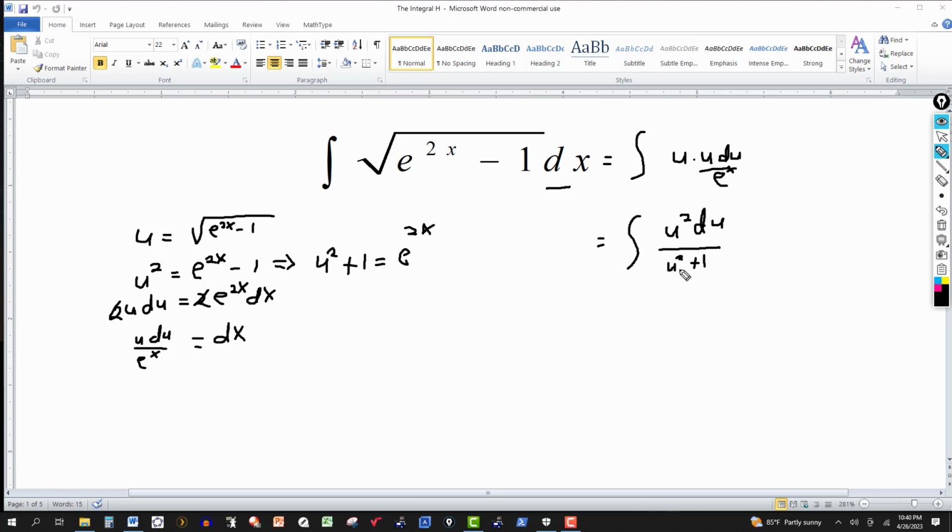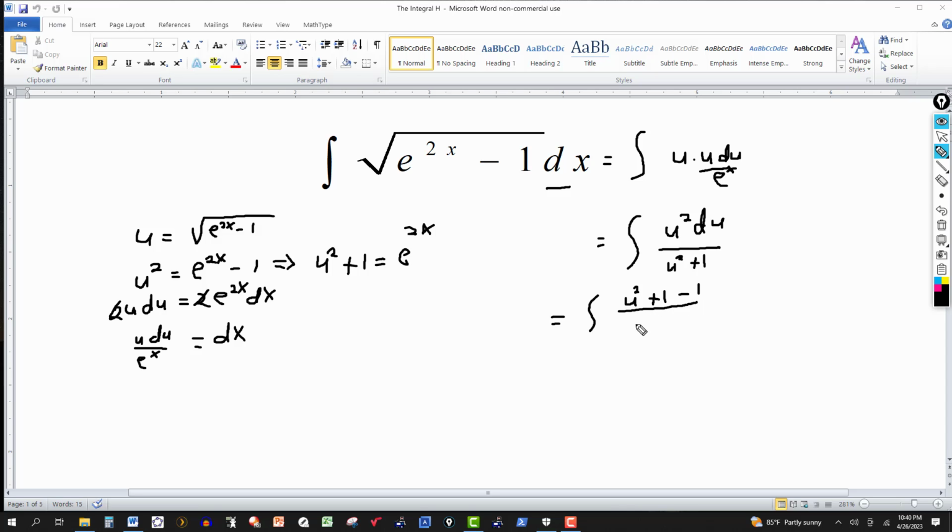You could use some long division and divide u squared plus 1 into u squared, and you'll get the same thing I'm going to do here. I've done that in several other videos. But what I'm going to do here is, in the numerator, use a popular trick in math: add 0. So I'm going to add 1 and subtract 1.